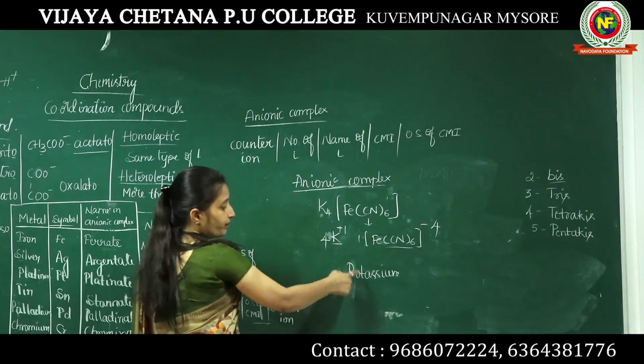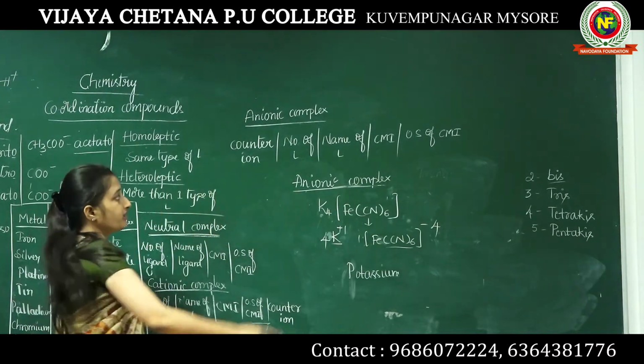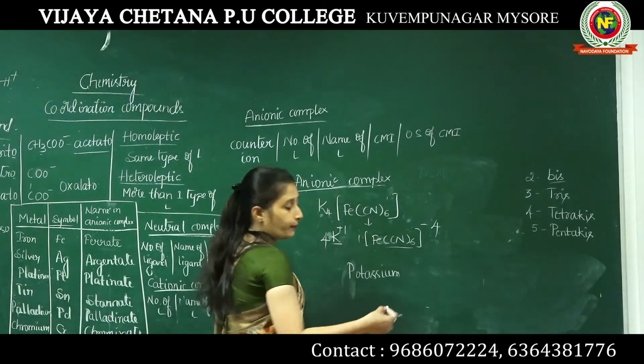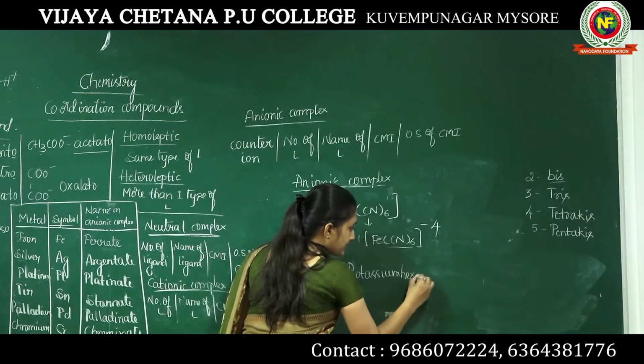Here potassium is the counter ion. After that, the number of ligands. How many ligands are there? Six. Six means hexa. So potassium hexa.